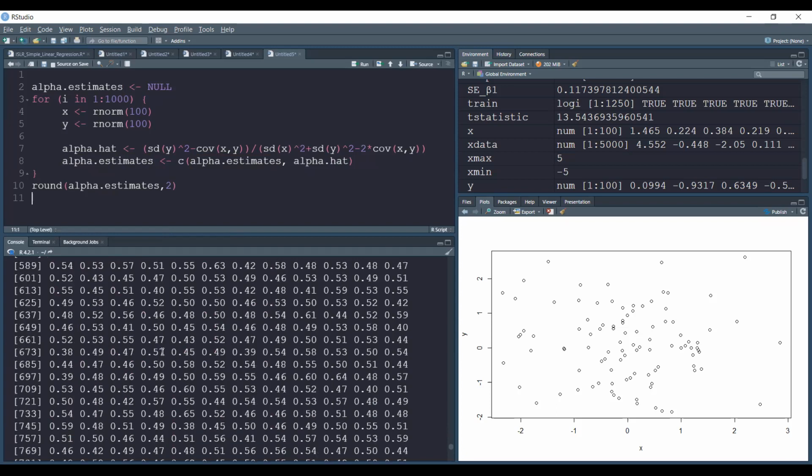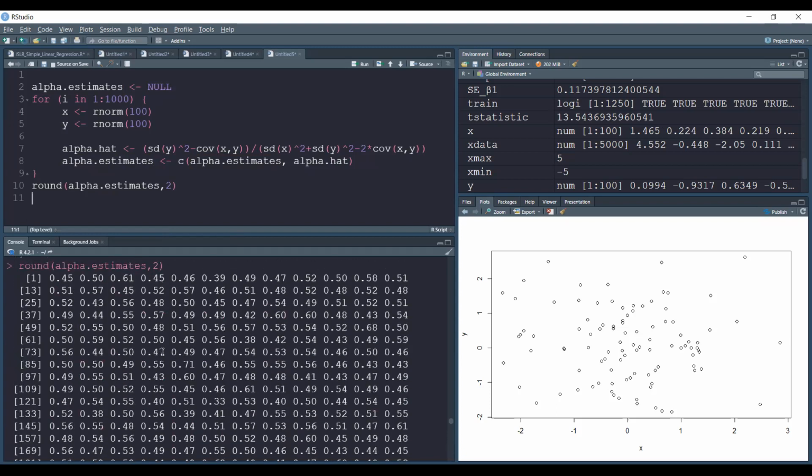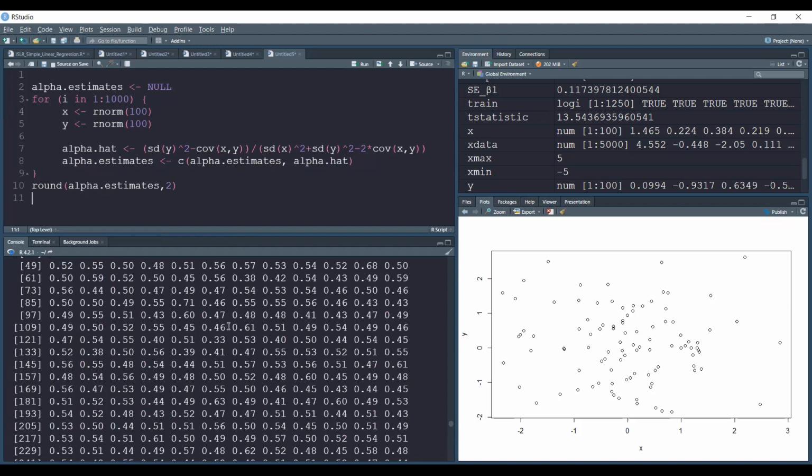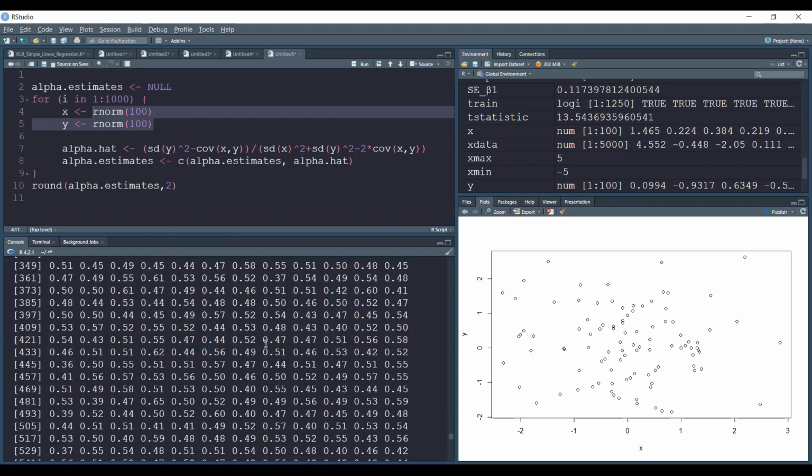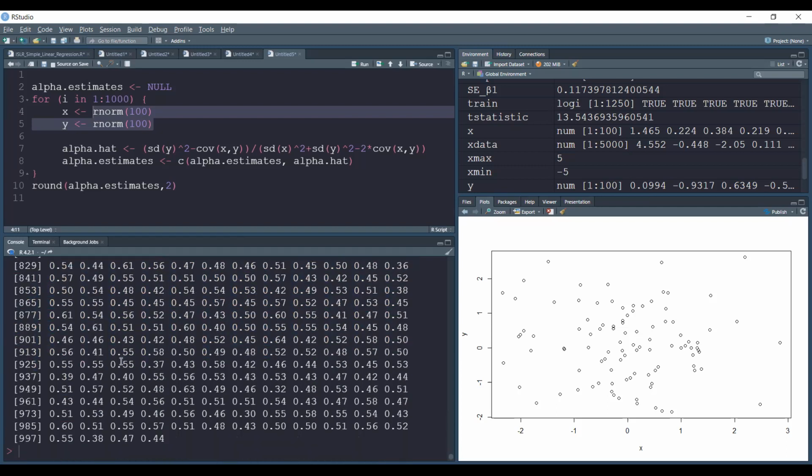As you can see, since x and y are totally independent of each other, and they have the same parameters, a mean of 0 and a standard deviation of 1, the alpha allocation is just telling you to put 50% in one asset and 50% in the other asset. It really makes no difference.